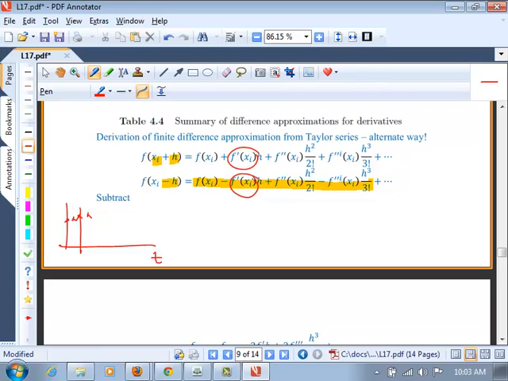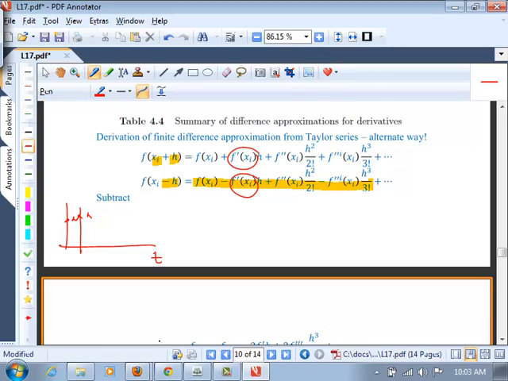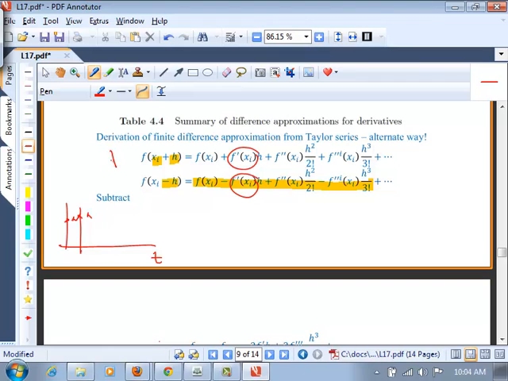So if I call this a and call this b, a minus b is going to give me f_{i+1} minus f_{i-1} on the left hand side, equals, the f_i will cancel out, and I will get 2 times h times f prime at i.